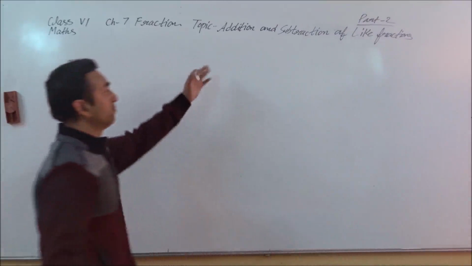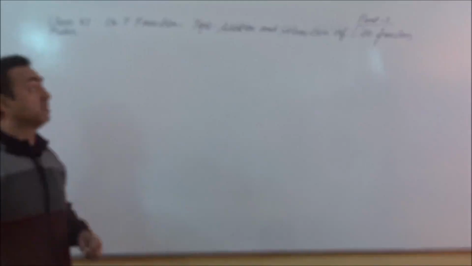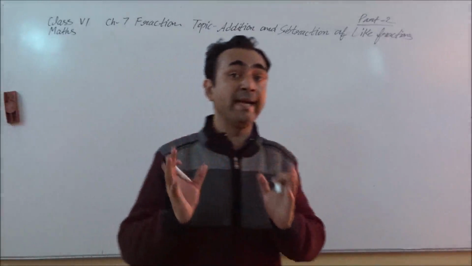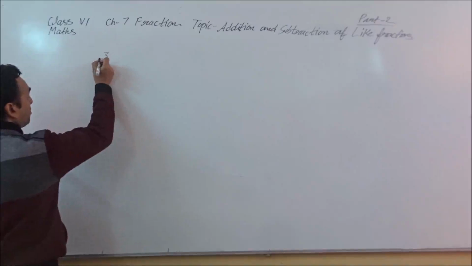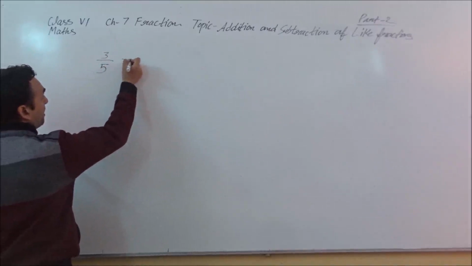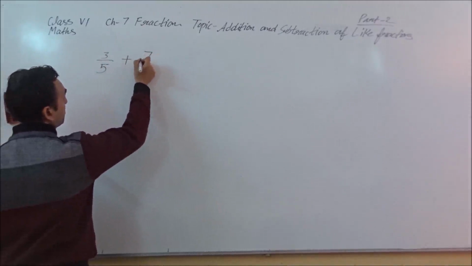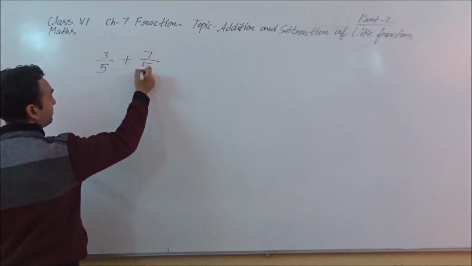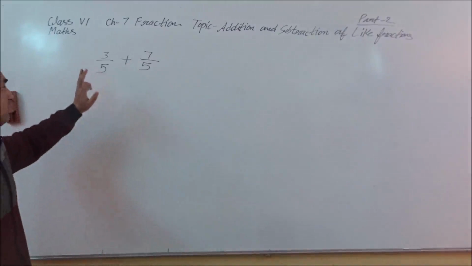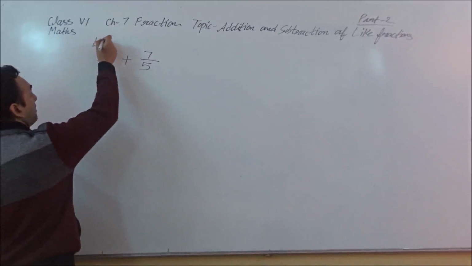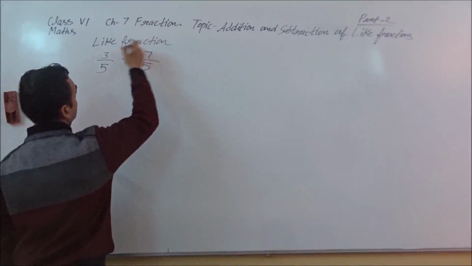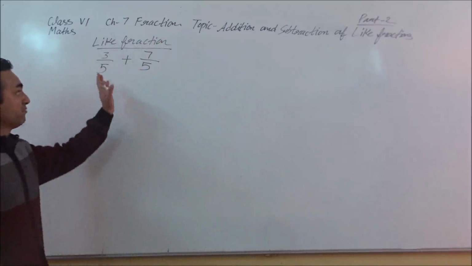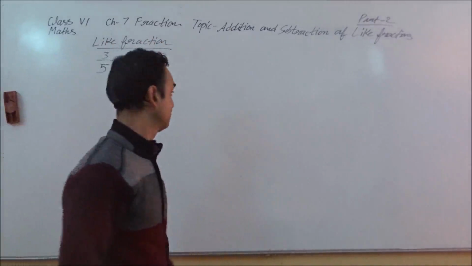So how we add, first we understand how to add like fractions. It's very easy. Suppose you get 3 upon 5 plus 7 upon 5. First we are learning about the like fractions. So like fractions can be easily added.